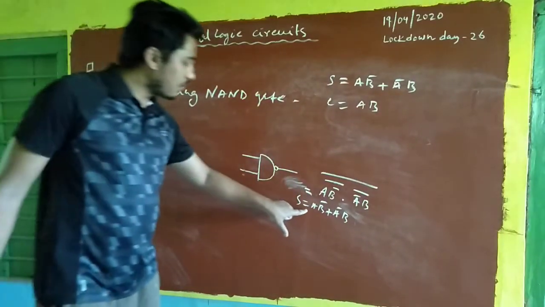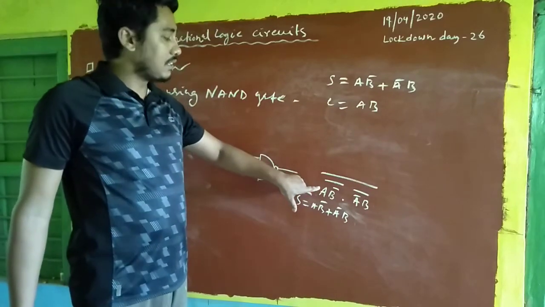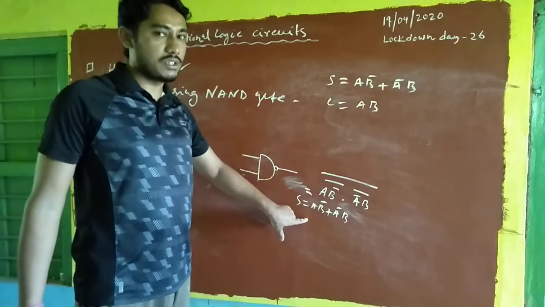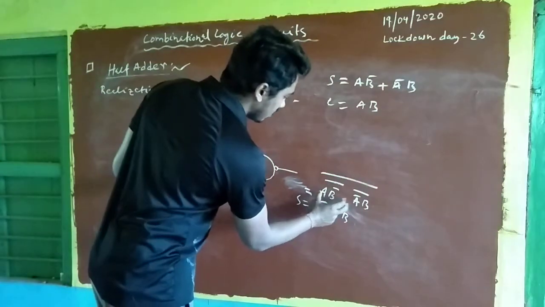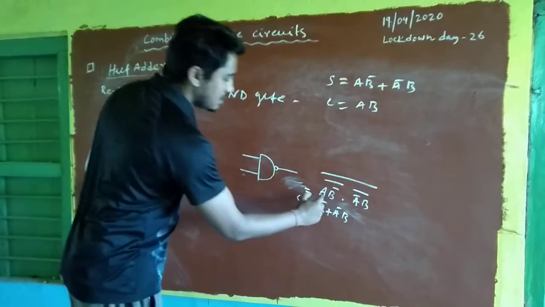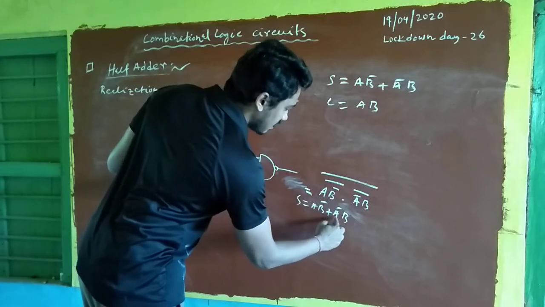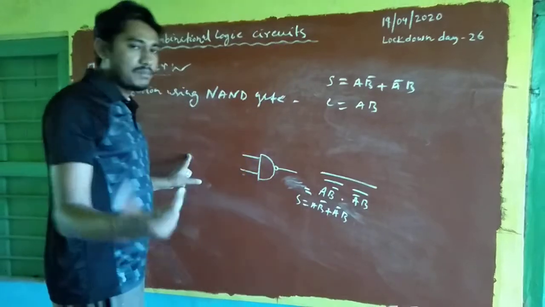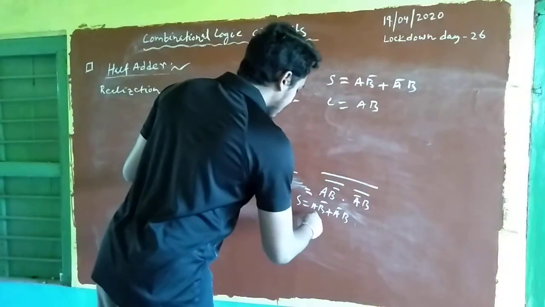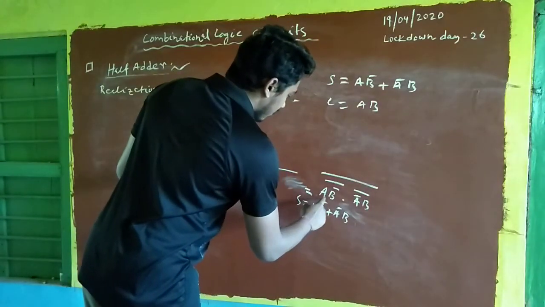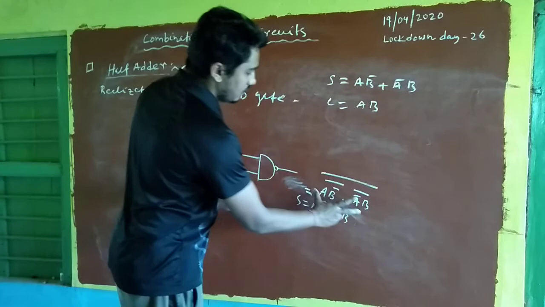Now you see this one. From this line we can write this line also using De Morgan's theorem. After applying De Morgan's theorem, we will get A B bar double bar plus A bar B double bar. The double bar, the double complement, cancels each other, so finally we are getting the NAND output in this form.